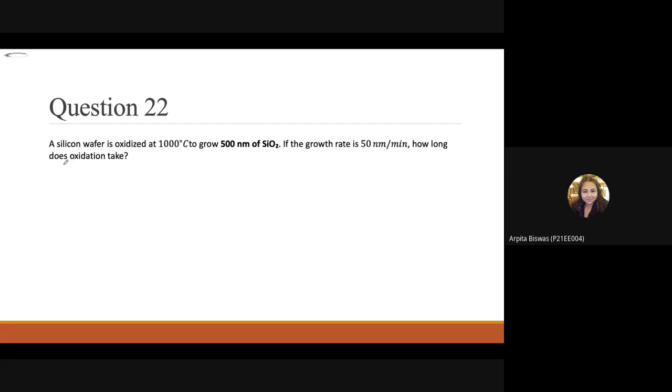Question number 22. A silicon wafer is oxidized at 1000 degrees to grow 500 nanometer of SiO2. If the growth rate is 50 nanometer per minute, how long does the oxidation take? How to calculate? In 1 minute it is 50 nanometer, and you have to grow 500 nanometer. Tell me how to calculate.